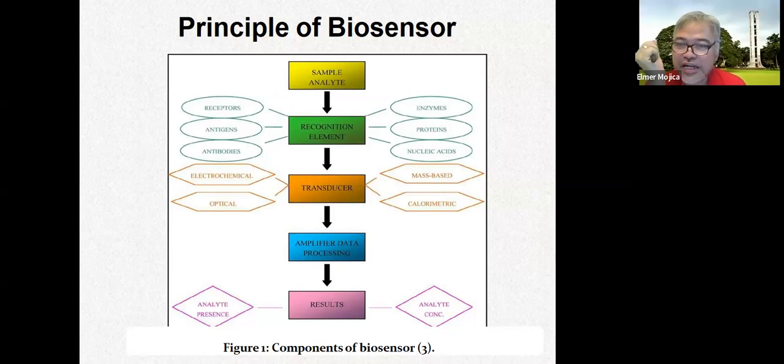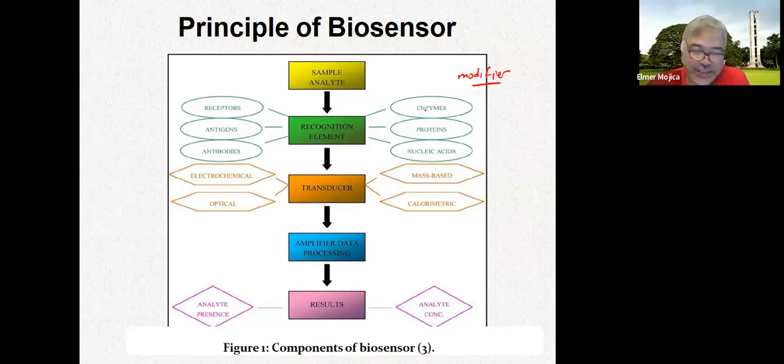If you look at the samples that were given to you, the one that you need to write, the so-called modifier, usually this recognition element in one way or another would interact with your target analyte.